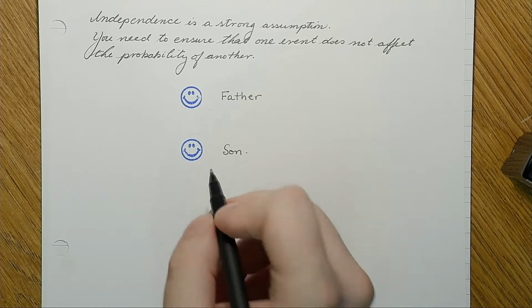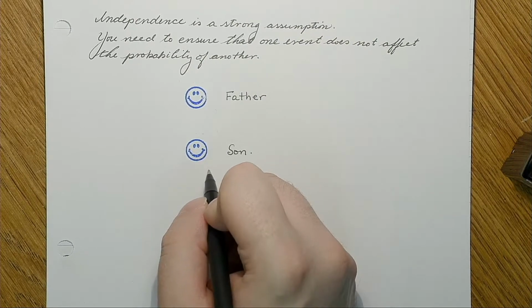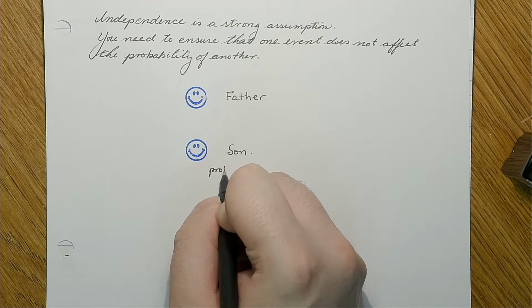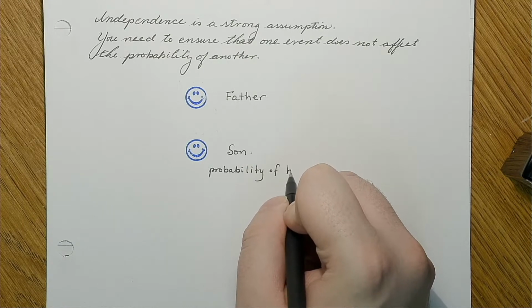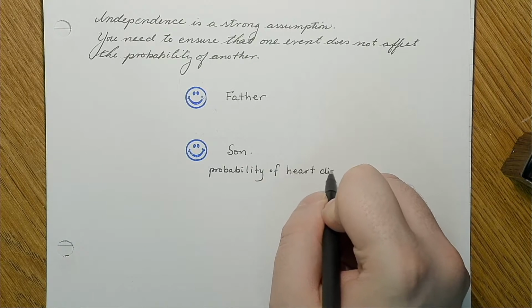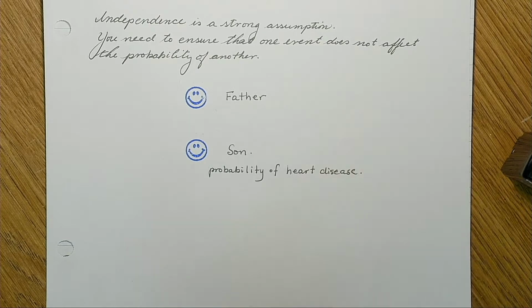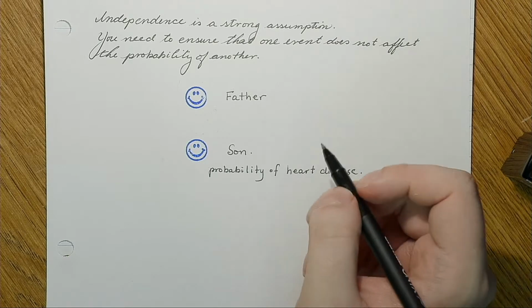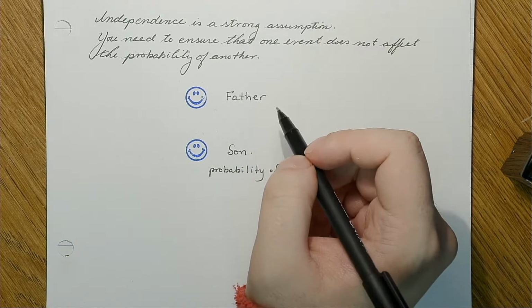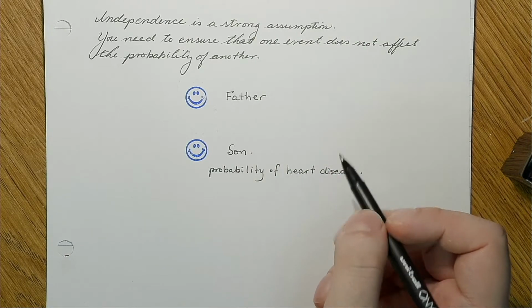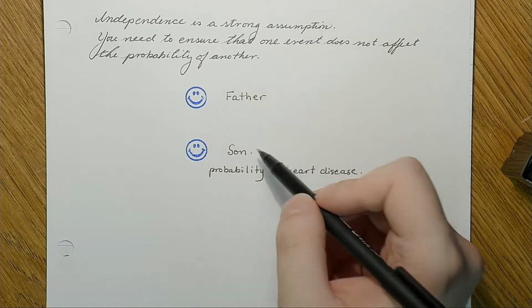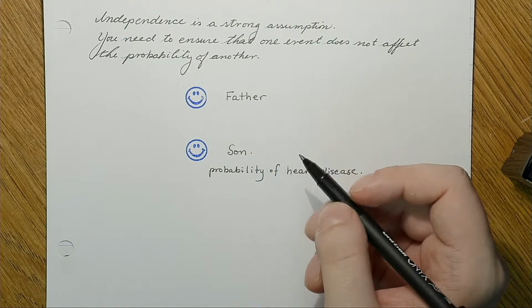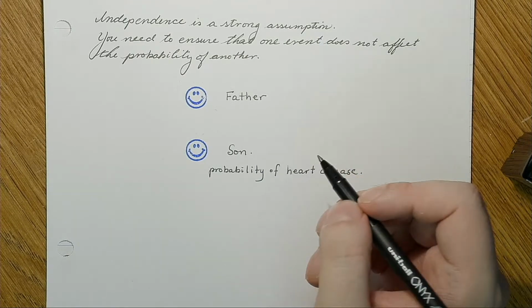So let's say probability of heart disease, it may not be a good assumption if you think that the probability of heart disease for the father is independent of the son. Some of it is hereditary.